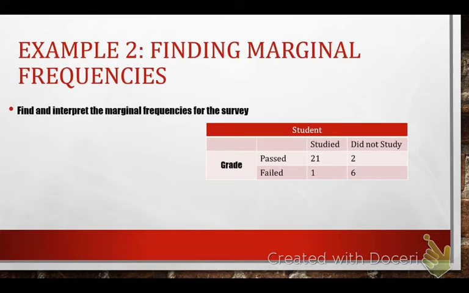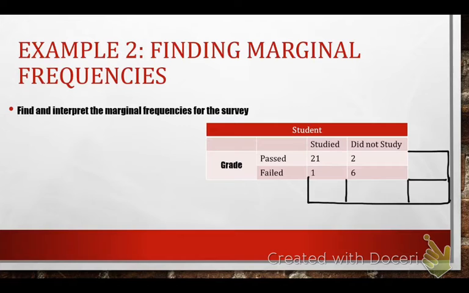So what's going to happen is we're going to kind of extend out our rows and columns by 1 more category. This is not going to be a part of your template on your test. This is on your midterm also. You're going to need to know to do this. If it needs marginal frequency, you're adding a row and a column.